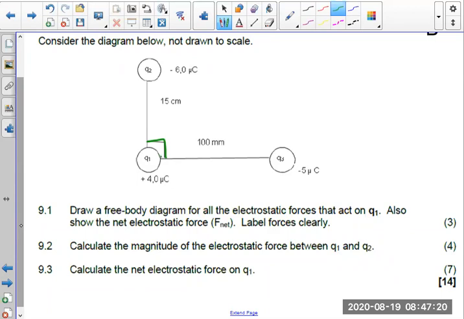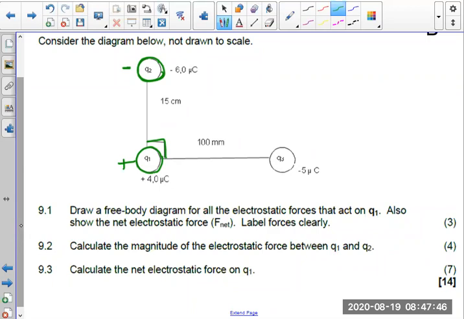Now the forces on Q1. So if they want the forces on Q1, then Q1 is the one that can move. Now if this one is negative, and this one is positive. This one is standing still. In which direction is Q1 going to move? Q1 will be attracted by Q2.